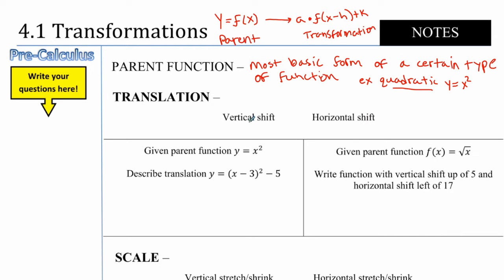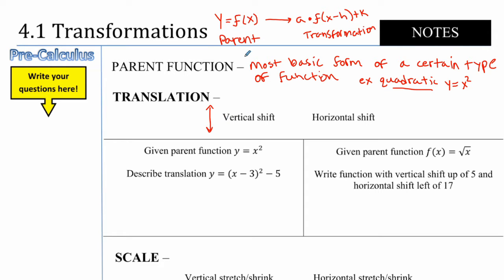Okay? So think about a vertical shift. If you are moving up and down, you're moving along the y-axis, right? So if you're shifting your function vertically, you're primarily thinking about changing the y values.